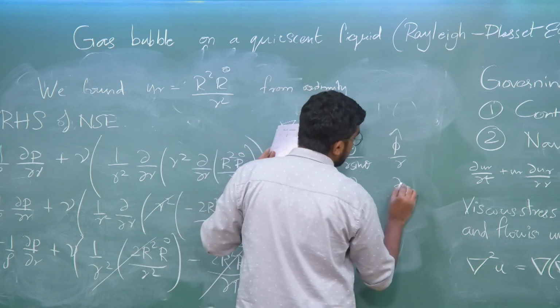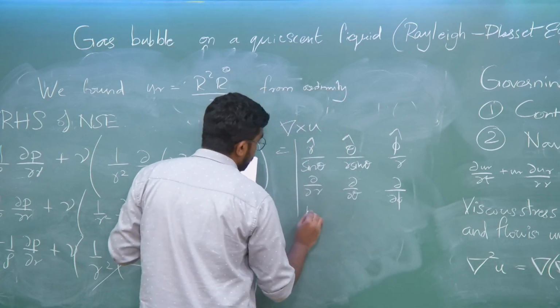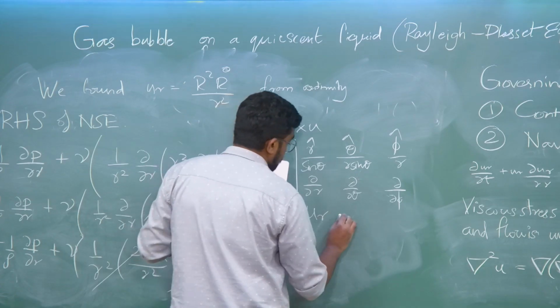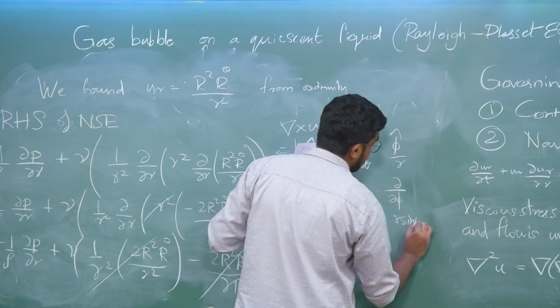This is a matrix that was discussed in an earlier class. So u r, u theta and r sin theta u phi.